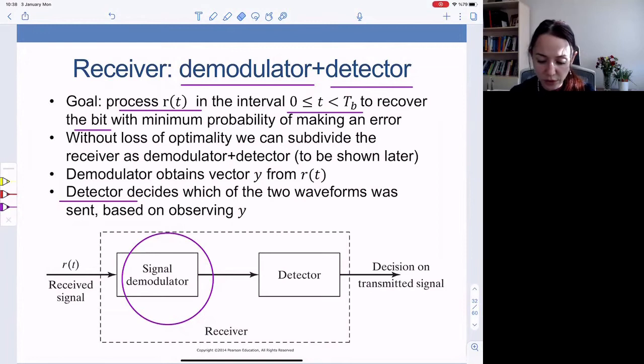So the demodulator is going to produce this y. Y can be a scalar or it can be vector valued. Whether it's a binary antipodal or binary orthogonal signaling scheme, whether y is a scalar or a vector is going to change.